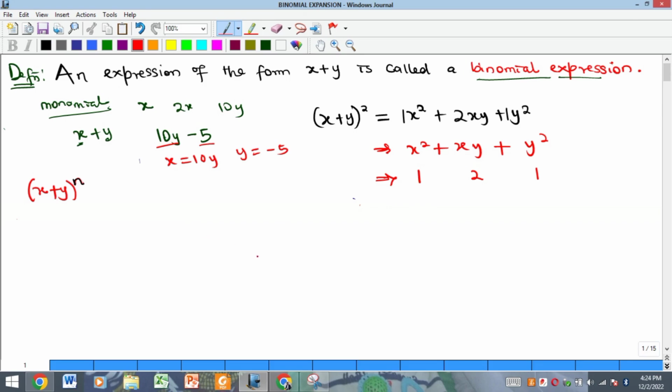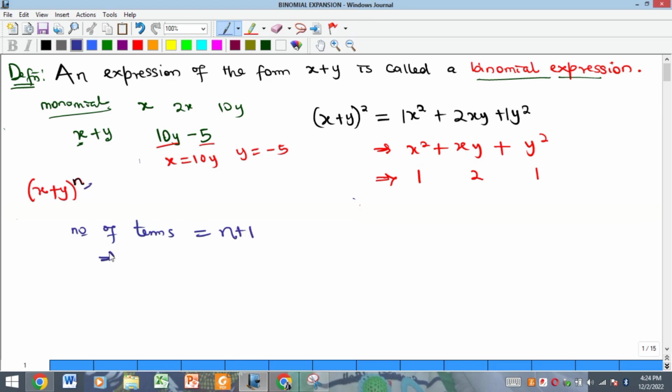But before we even go here, it is important for us to note that whenever we do an expansion, you are going to get a number of terms in the value that you will get from your expansion. And of course, we're going to see that later on. But just to mention it here, the number of terms you are going to get at the end of an expansion is always equal to the power of your expansion, which is n, plus 1.